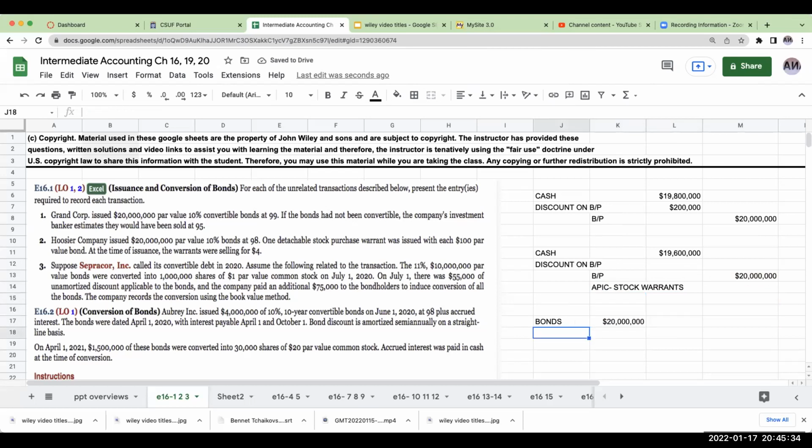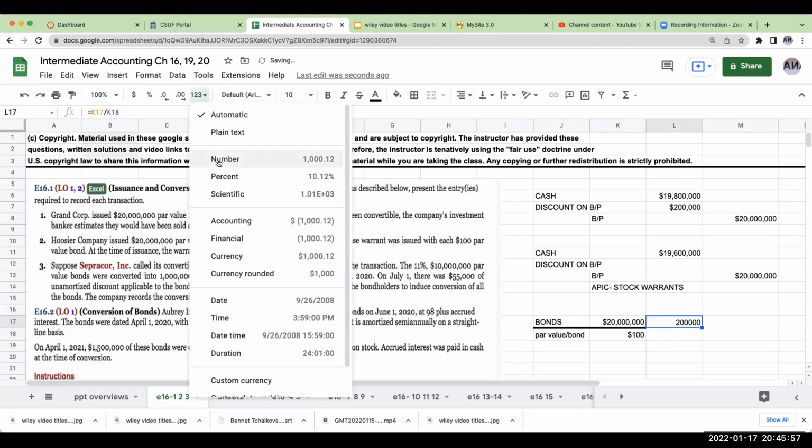And one detachable stock purchase warrant was issued with each $100 par value bond. So my par value per bond at $100, what does this mean? Well, what this means is the total number of bonds that I actually issued were going to be 200,000.